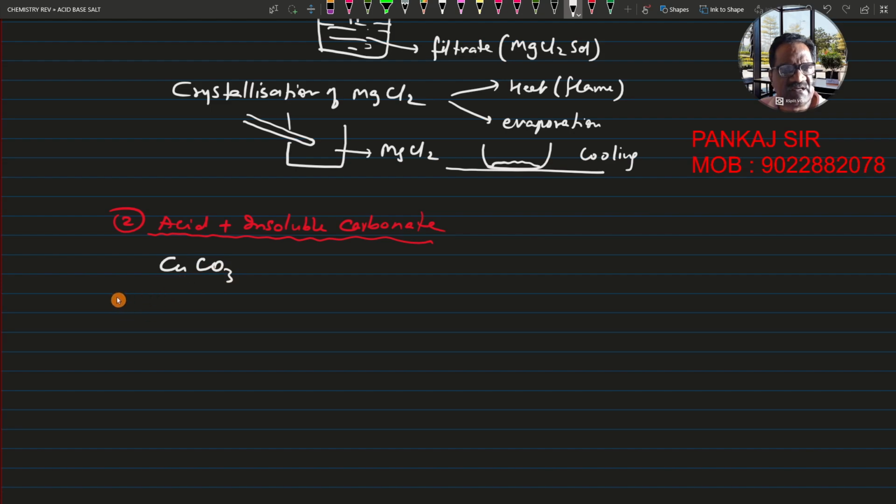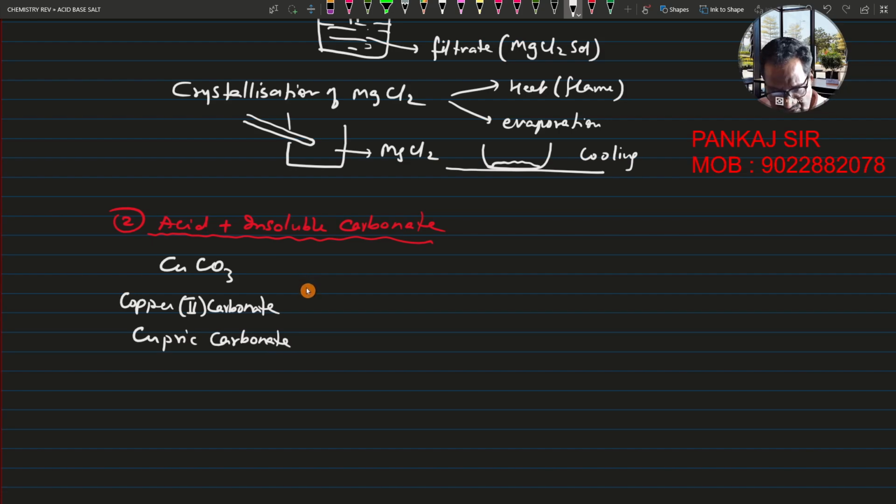Now this in fact is copper 2 carbonate, right? This is copper 2 carbonate, or it is also known as cupric carbonate, right?